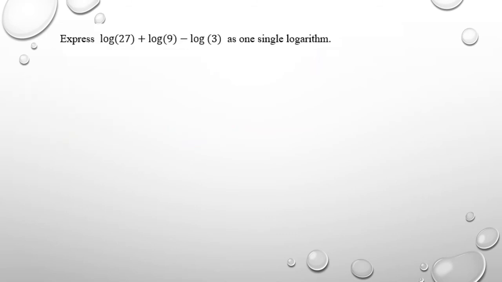Next question is express this as a single log. You need to use the log rules in here. So you've got log 27 plus log 9, and when you're adding two logs, you can write it as a single log by having log 27 multiplied by 9, minus log 3.